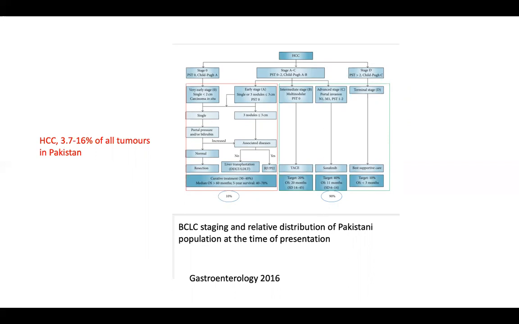That is why 90% of the patients fall into the category of palliative management in the form of TACE or sorafenib or immunotherapy, and only 10% are suitable for curative treatments such as liver resection or liver transplantation.